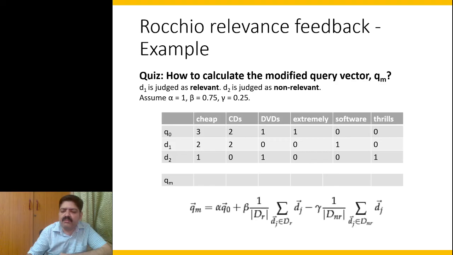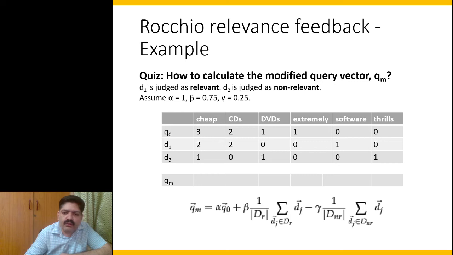So let's try to apply that here. Remember, the number of relevant documents is 1 in our example, and the number of non-relevant documents is also 1. So these two terms disappear. Alpha, beta, and gamma are constants which we have assumed to be 1, 0.75 and 0.25. So that also simplifies stuff. And the summation is acting over only one document, so the summation also goes away in this example.